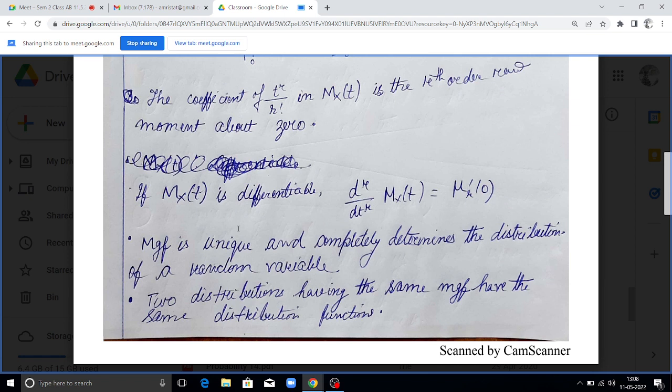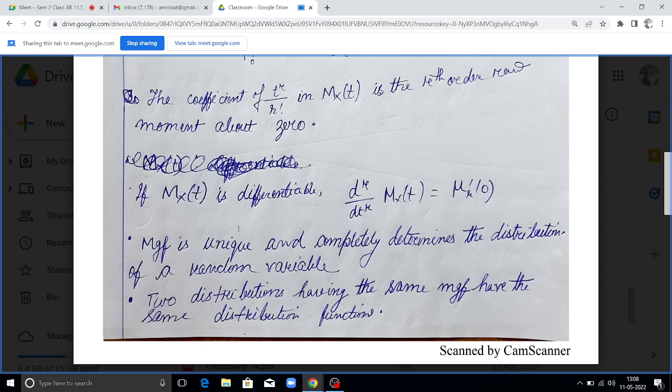Completely determines the distribution means it tells you about the mean, the standard deviation, the symmetricity of the distribution and the peakedness of the distribution. So the full picture becomes clear to you about the distribution of the random variable capital X. That is why the moment generating function is unique.